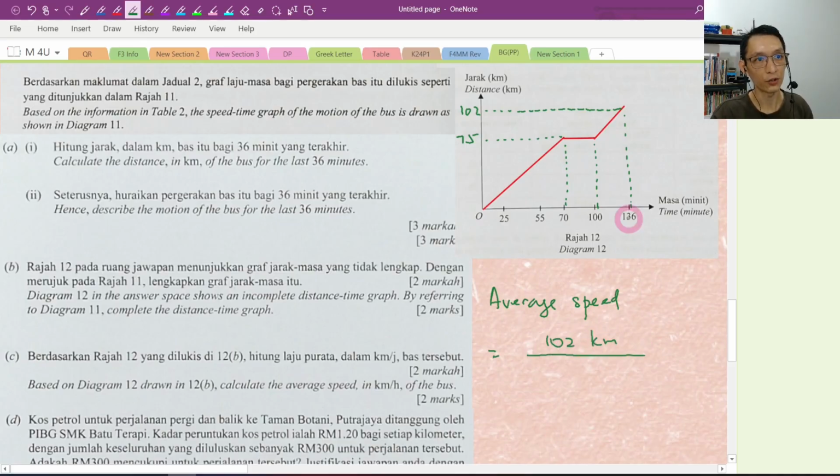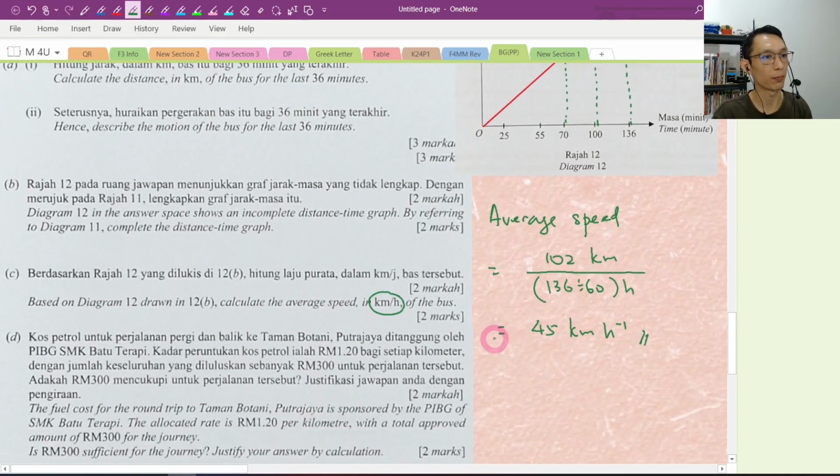Total time taken is 136 minutes, but we want to change become hours because the question wants us to give our answer in kilometer per hour. So 136 divided by 60 hours. Okay, you will get 45 kilometer per hour.